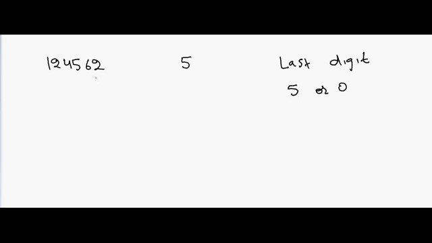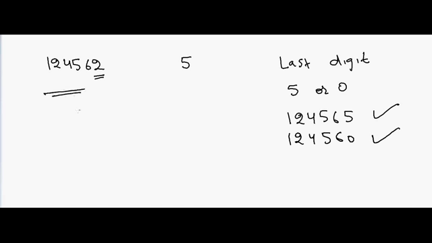In this case it's not, so it is not divisible by 5. If I would have 1 2 4 5 6 5, or if I would have 1 2 4 5 6 0, then it would be, but not in this case. So we know this now.